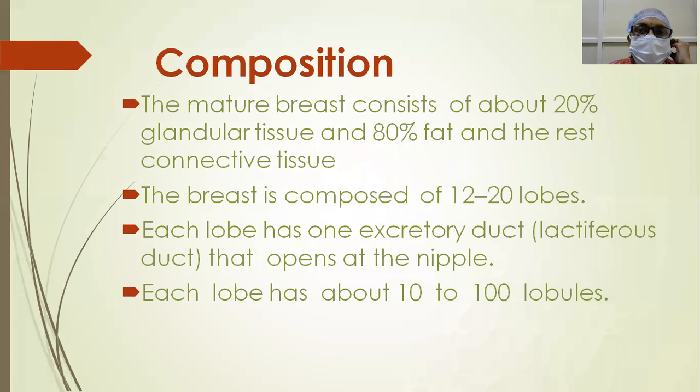Each breast is composed of 12 to 20 lobes, and each lobe has one excretory duct, the lactiferous duct, that opens at the nipple. Each lobe has about 10 to 100 lobules.